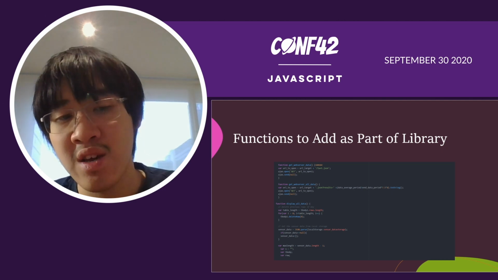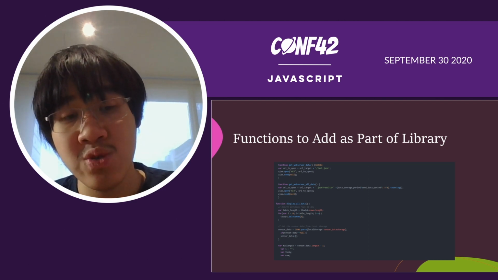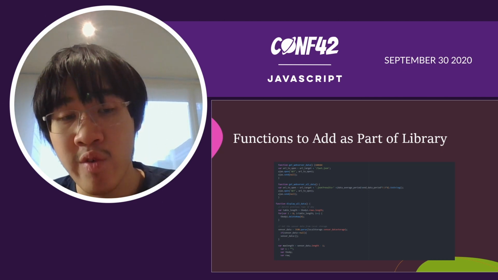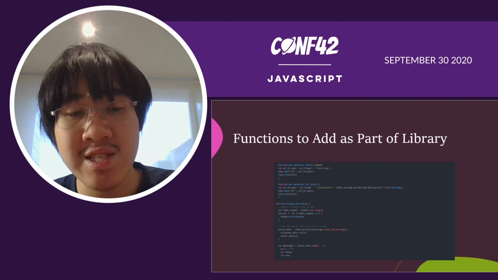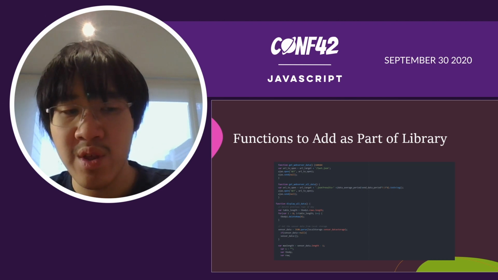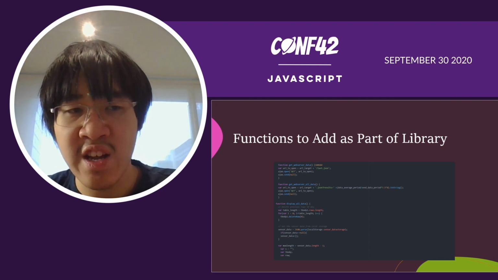Essentially, if the sensor data is null, it'll just return null. Afterwards, we declare more variables, like the max length, the table body, and the row that is associated with the particular data.